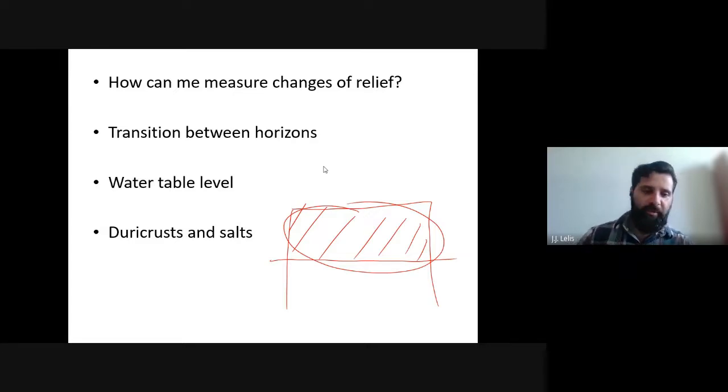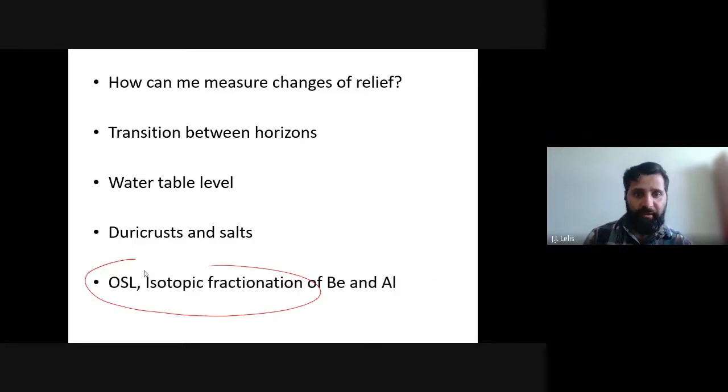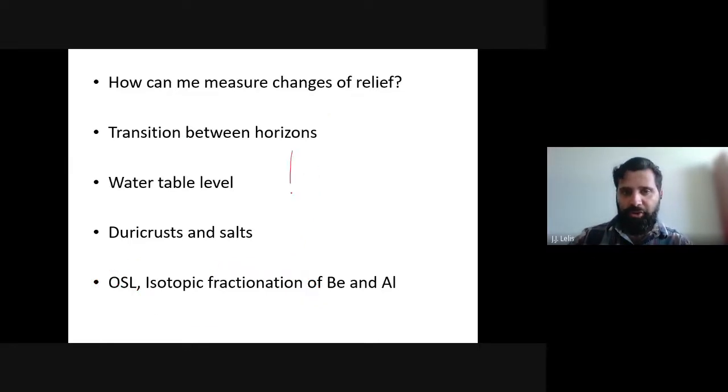And the last option, as we said in the last class, is to use some measurements, some techniques in the lab to measure this change of relief. Okay, so we can use the OSL to measure some change. This is a technique that could show us the burial age of a material.